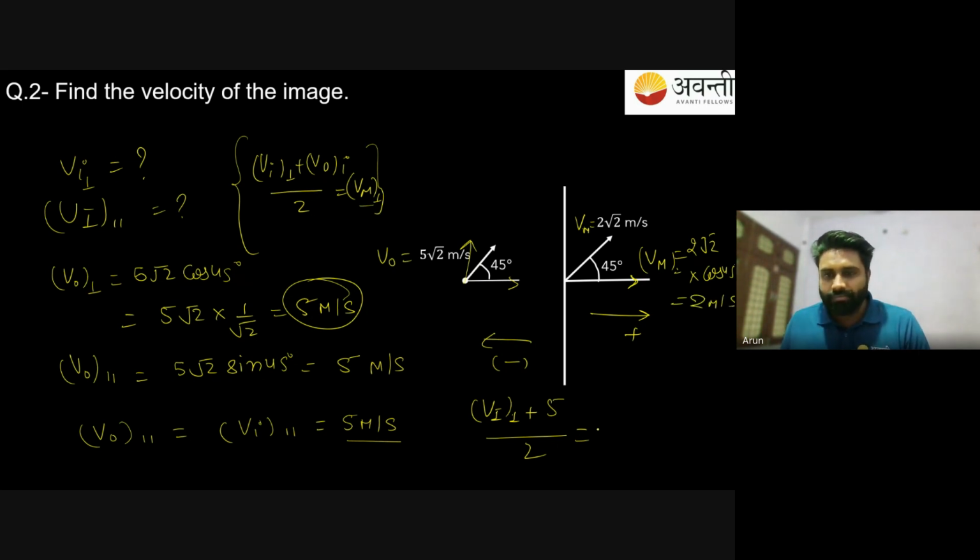Multiplying by 2 gives 4, and we have minus 5 plus 4. So we have velocity of image perpendicular as minus 1 meter per second.